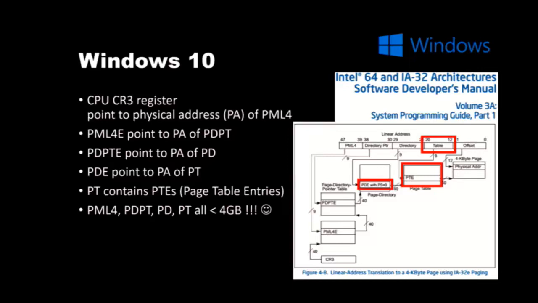Take some more bits in the virtual address, and you get the page table entry. It's the entry that we're going to target and corrupt in order to gain kernel execution. What's nice about this is that all four paging structures are actually loaded below 4 gigs, so we can access them by using DMA.